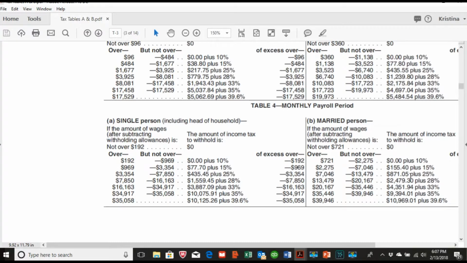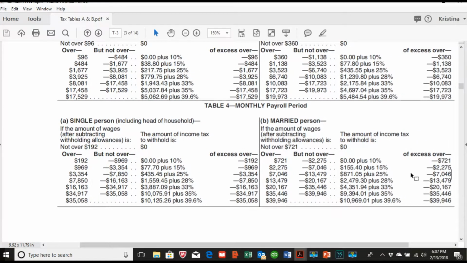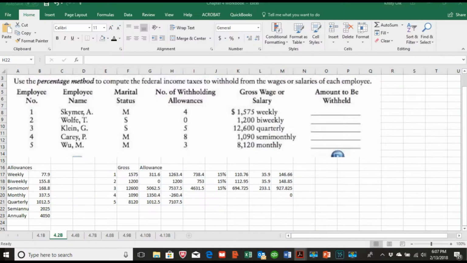So that falls right here, where it's $871.05 plus 25% of anything over $7,046. Well, let's go determine what that 25% is. Sorry about that. Let's try that again.